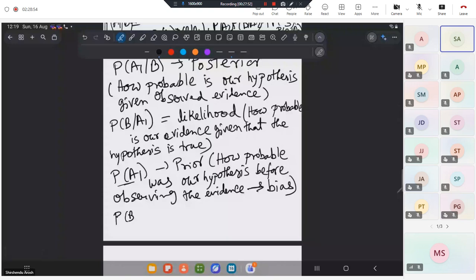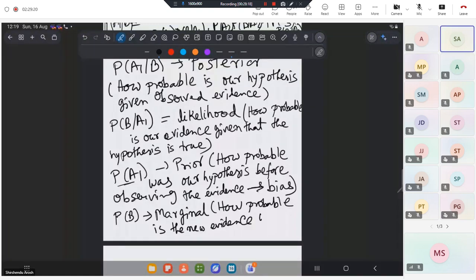And P of B is called the marginal, the summation of this value. That means how probable is the new evidence under all hypotheses.